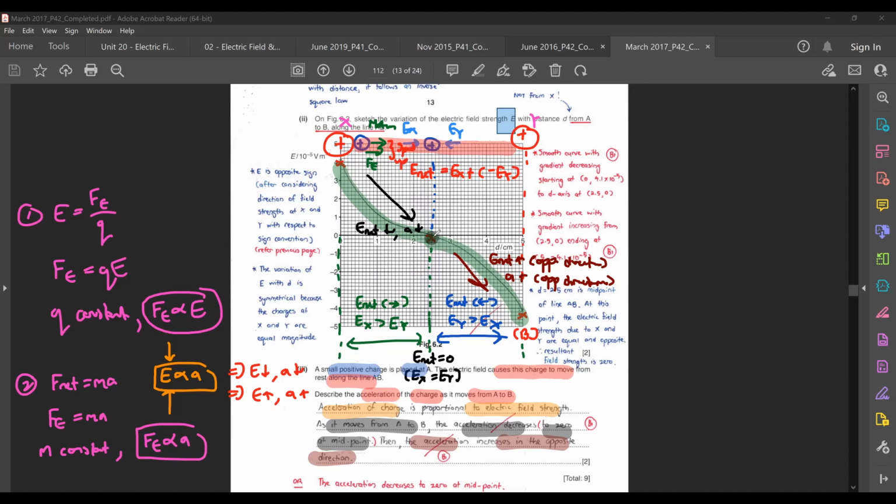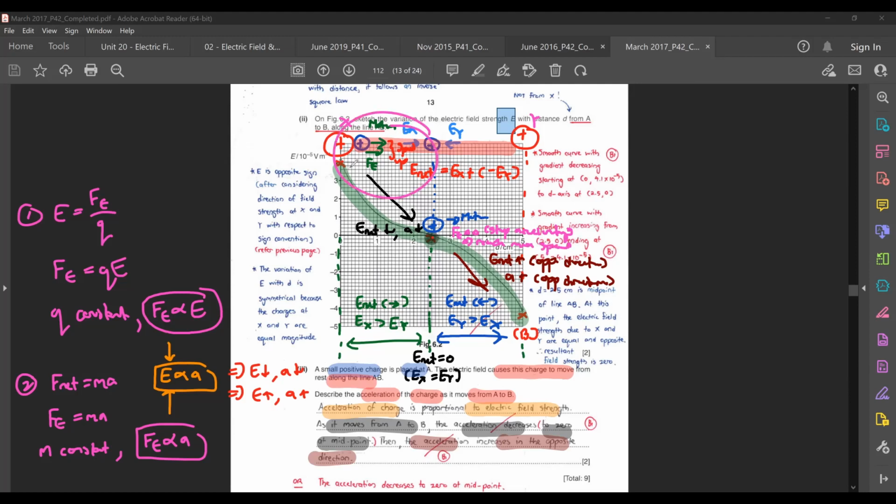But then once I reach this point here, for my positive test charge, my motion is here, still going towards the right, but my Fe suddenly becomes 0. This one, you actually stop accelerating. You have actually reached max speed.